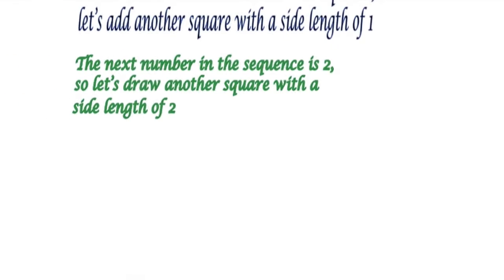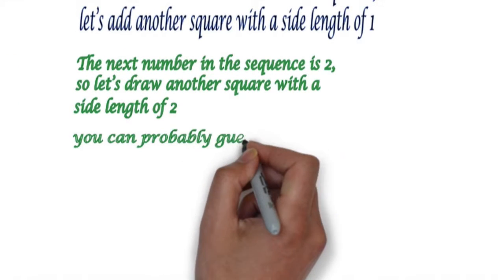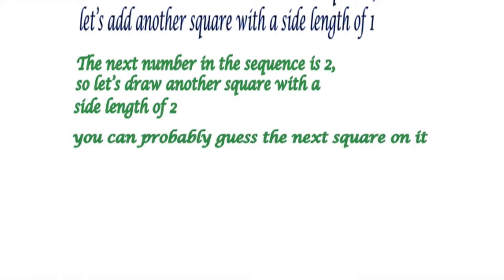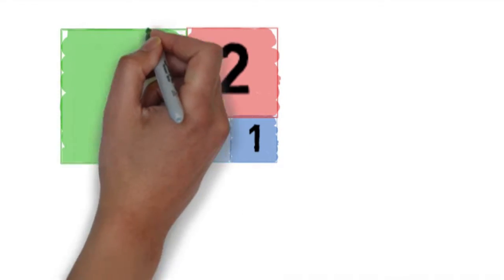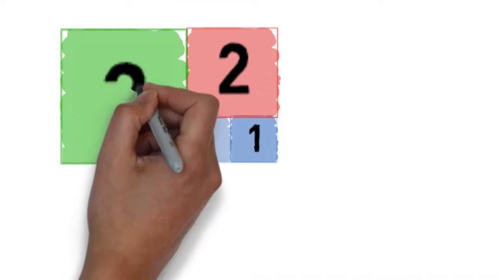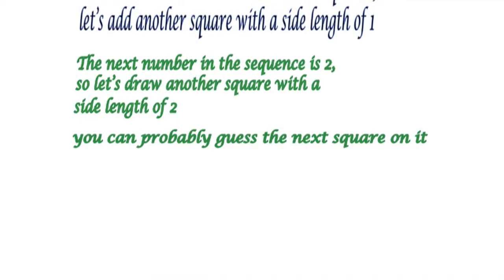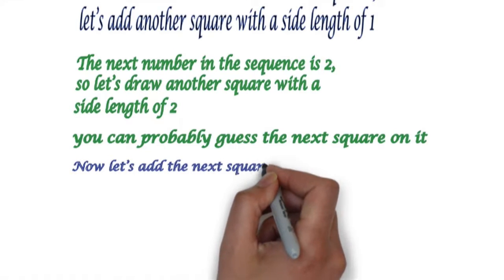You can probably guess the next square in the sequence. Now let's add the next square with a side length of 5.